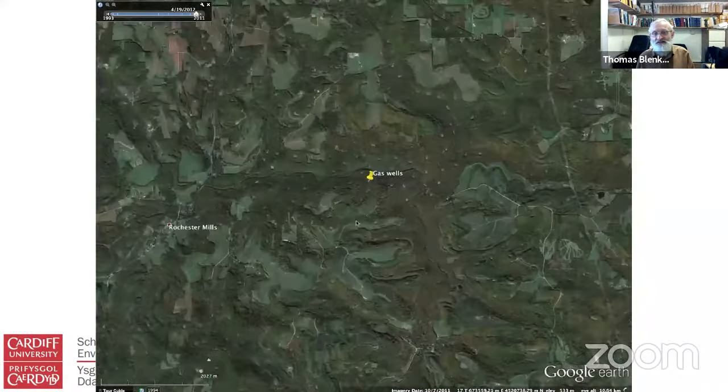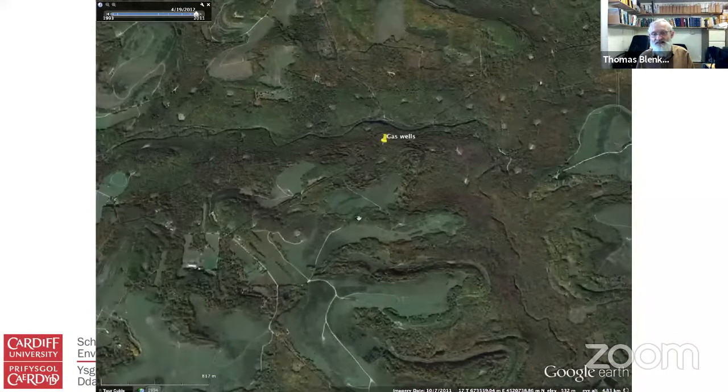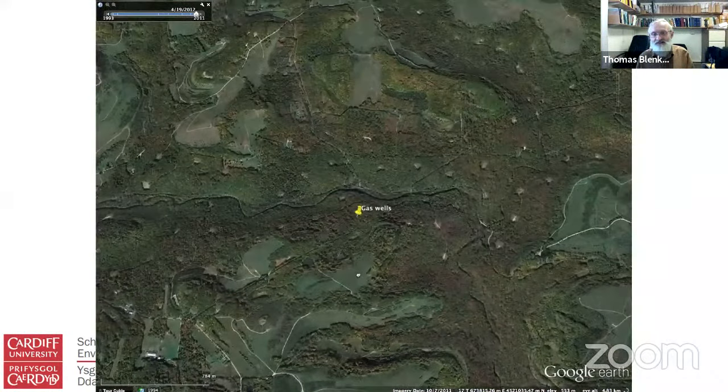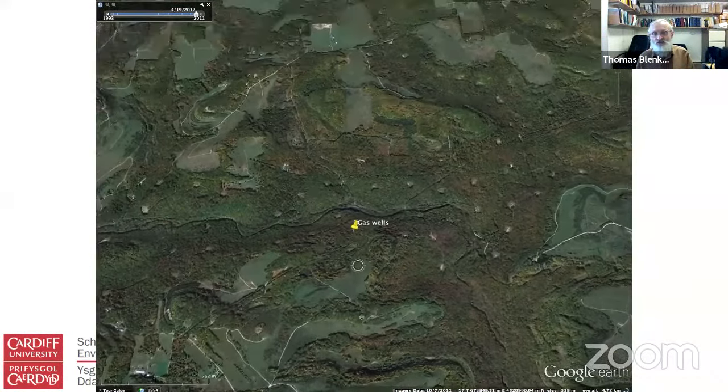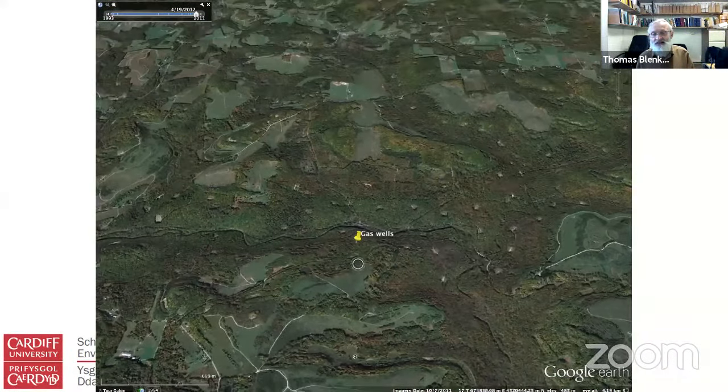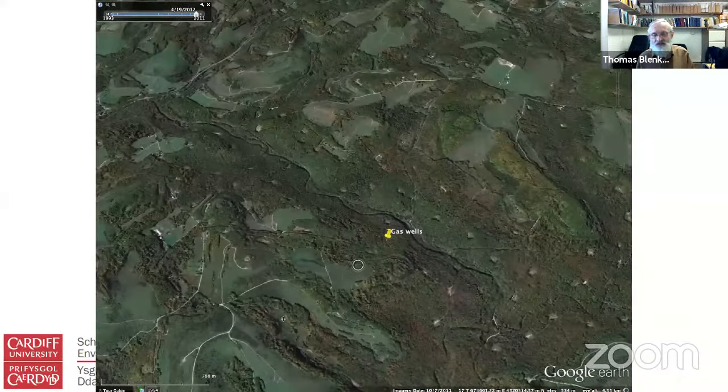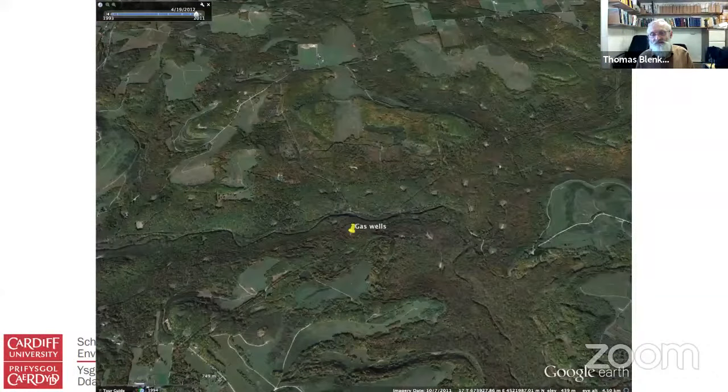Each one of those little clearings in the forest is a gas-producing well, so scattered all over the landscape. And of course, the reason they're there is because several thousand meters below the surface of the Earth is the Marcellus Shale, which is a perfect example of an unconventional gas hosting horizon, which can be fracked and gas can be produced from it.